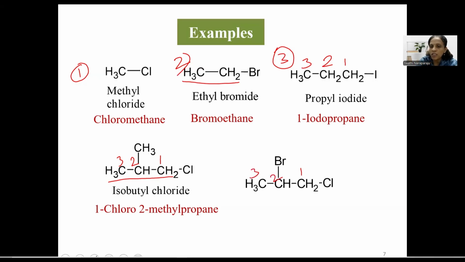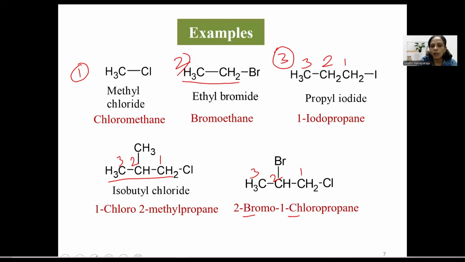At the first position chlorine is present, at the second position bromine is present. The parent hydrocarbon contains 3 carbons, so it is a propane derivative. When indicating the nature of halogen, we have 1-chlorine and 2-bromine, but they have to be indicated in alphabetical order. That is the reason 2-bromo comes first, since B comes before C. So it is written as 2-bromo-1-chloropropane.